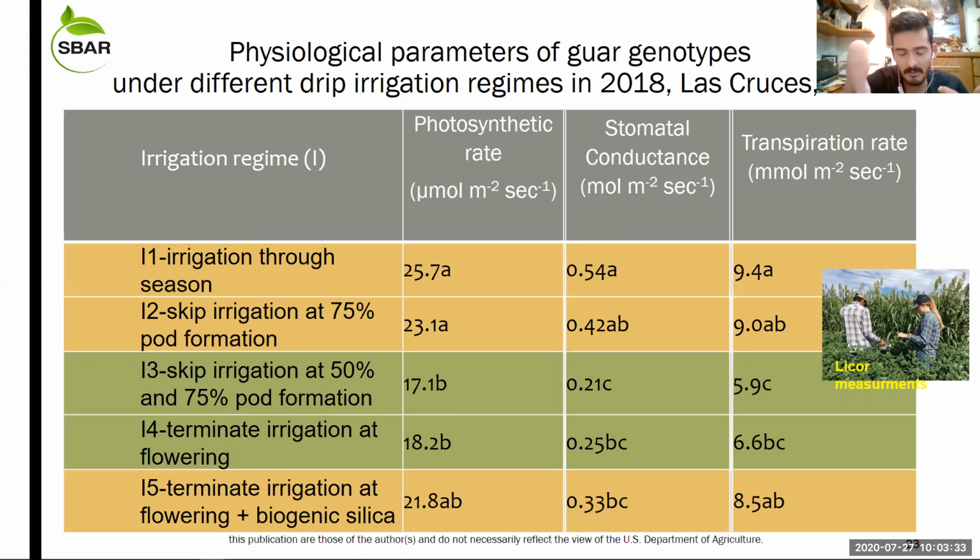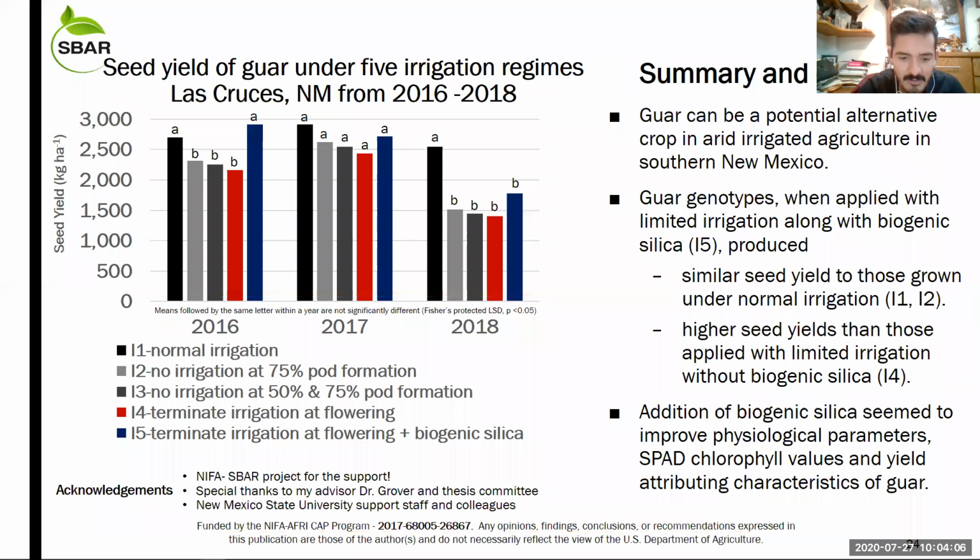But what we can see that's interesting in this table is that for the photosynthetic rate, as well as the stomatal conductance and transpiration rate, irrigation treatment number 5, when we terminate irrigation at flowering plus biogenic silica, with the addition of the biogenic silica, is still between the irrigation throughout the entire season and the terminate at flowering. So the values are still higher compared to those two treatments. Can you go to the next one, please?